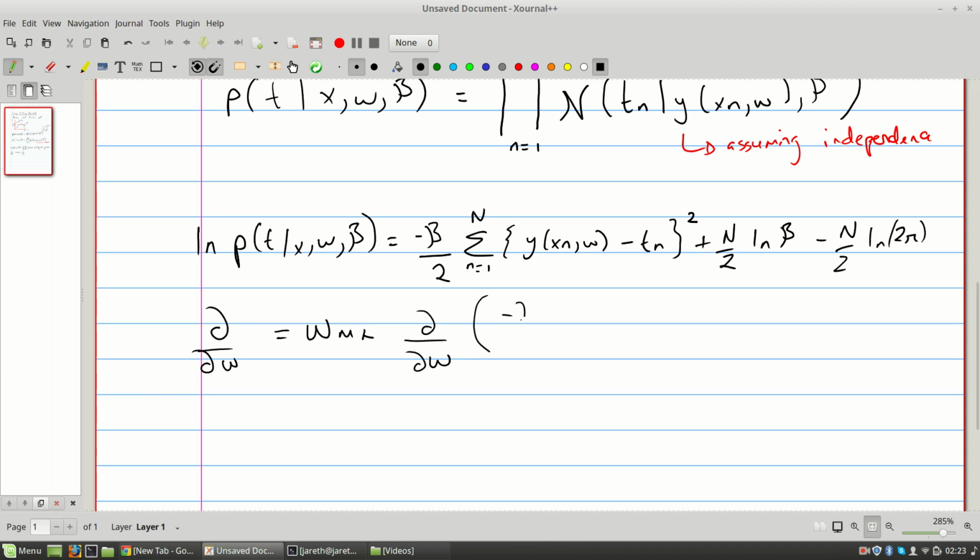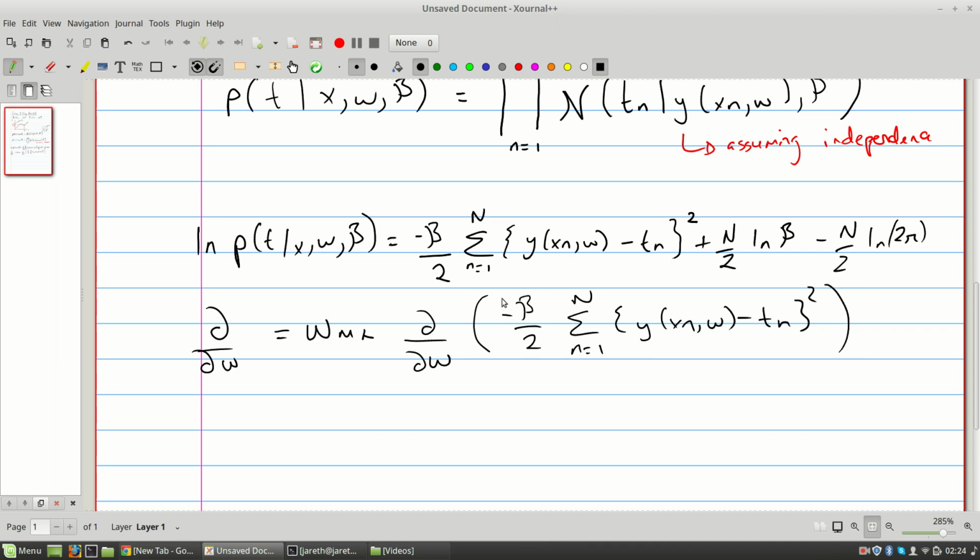So we're taking the derivative with respect to w of minus beta over 2, summation n equals 1 up to N of (y(x_n, w) minus t_n) squared. This term is starting to look like something we already know, something we saw in the second lecture actually. So we're finding the maximum likelihood of this.